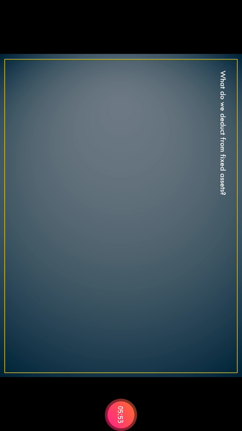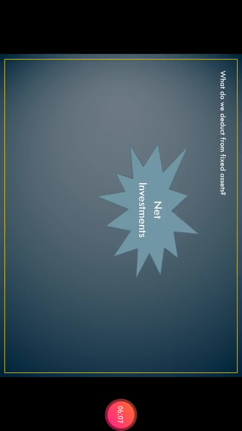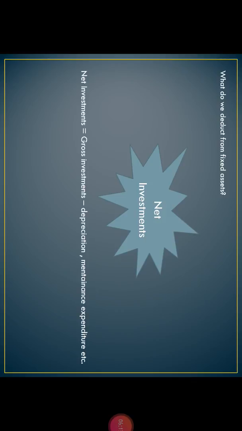Now my question to you is, what do we deduct from the fixed asset? Yes, we deduct the depreciation and the expenses. So the term net investment refers to gross investment minus depreciation or any maintenance expenses.